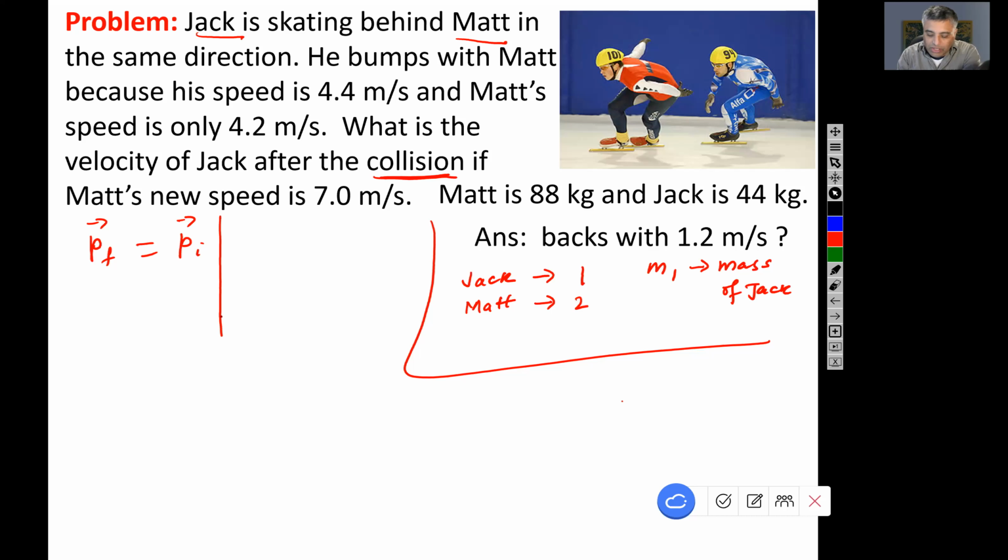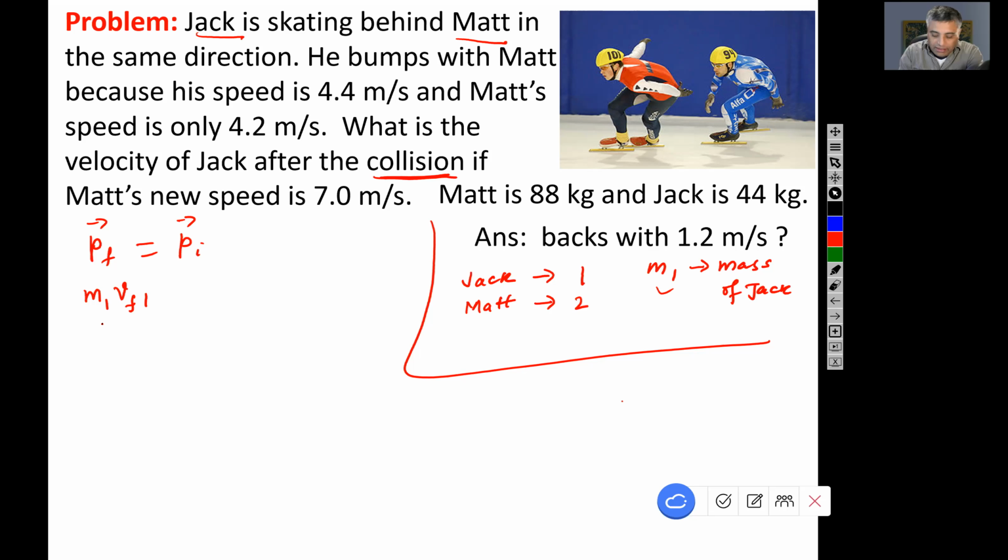What are the things we know? I can first write the formula if I like, or I can just list the things I know with the proper subscripts. So there are two portions, two masses. Now I can write total final momentum: the final momentum of mass 1 is m1 times the final velocity of mass 1.